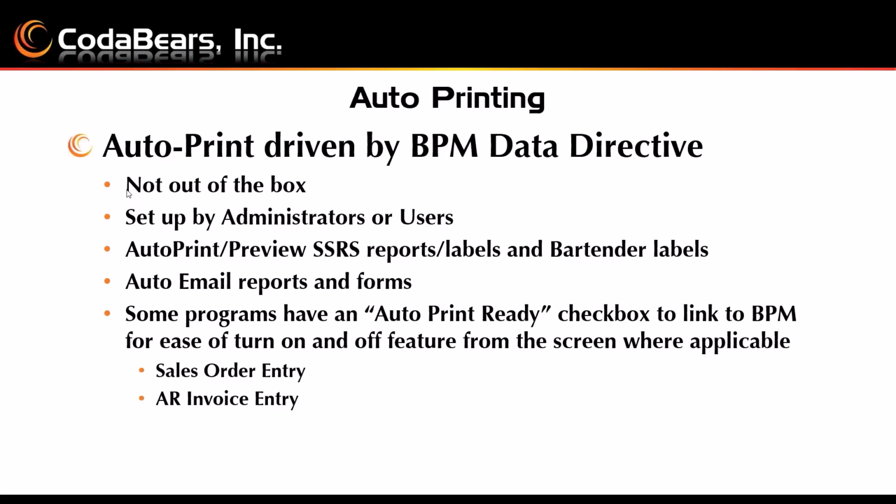And the auto print ready checkbox that you've seen is basically there to link to the BPM that I'm going to show you here, such that you can fire that manually from the screen, where you select that box, do your thing, and then when you save the record, it's going to happen. But if you select that box and you haven't put a BPM that's monitoring that field, nothing's going to happen. So it's kind of a funny checkbox that has nothing behind it until you build it.